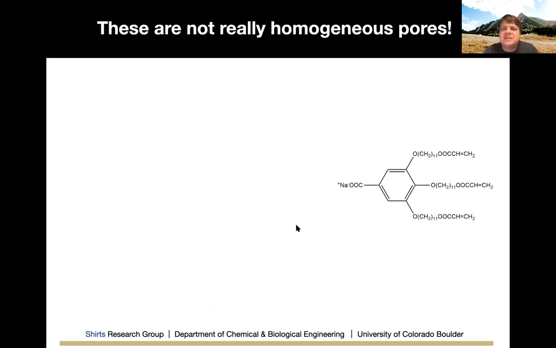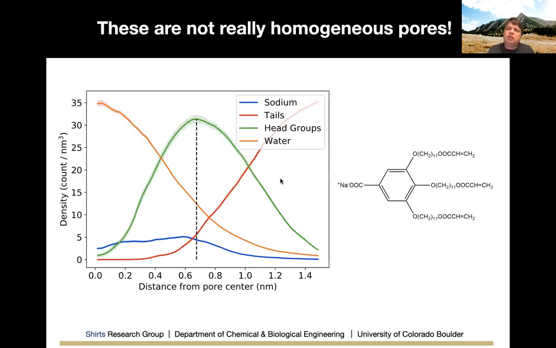An important thing is these are not really homogeneous pores. If you look at the structure of this molecule, at the radial distribution, the distance from the pore center, you can see that it's not like a pipe. The water has high concentration at the center and then gradually decreases as you go radially out from the pore.